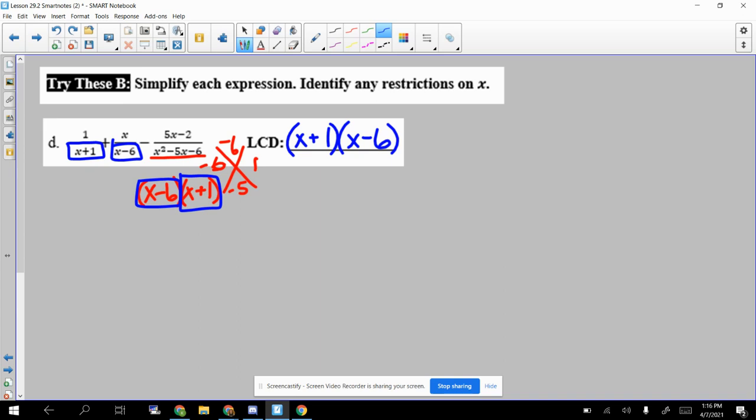Okay? Now, sometimes what I like to do, especially when there are 3 like this, is I just like to write that all in. So we know the denominator has to be x plus 1 times x minus 6 for all of these.